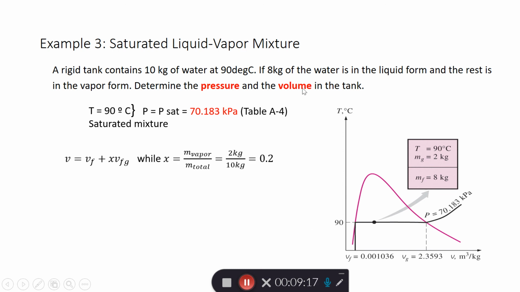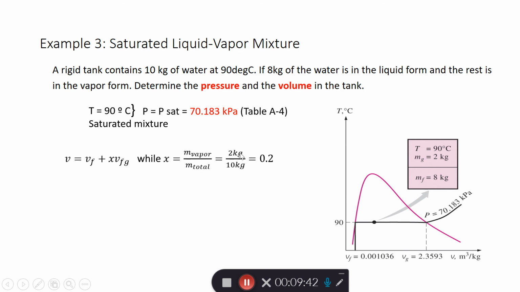So the volume in the tank is related to the specific volume. Remember, the mixture fills up the entire tank. So you can find the volume, how much water is inside, and that will give you the volume of the tank. We use this equation because it's a mixture: v equals vf plus x vfg, and x is the ratio, how much vapor inside the entire tank.